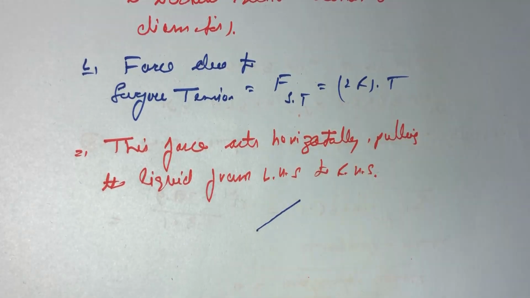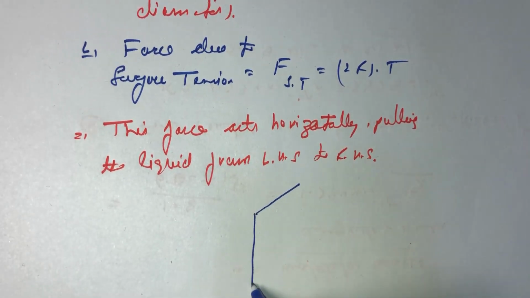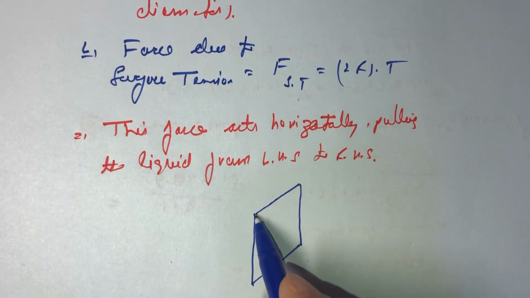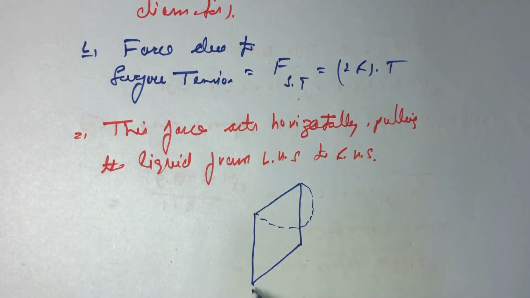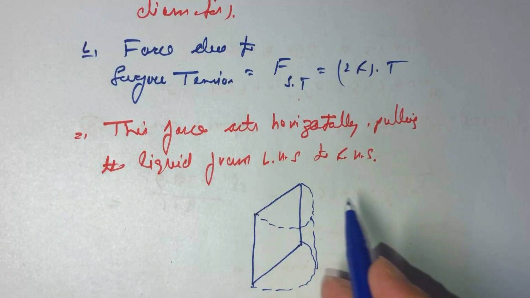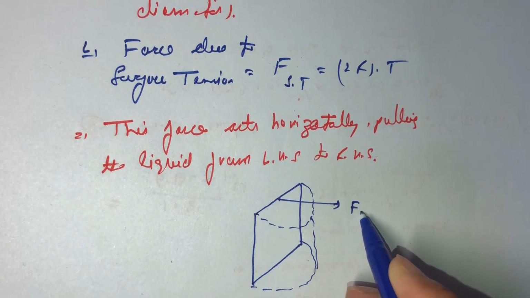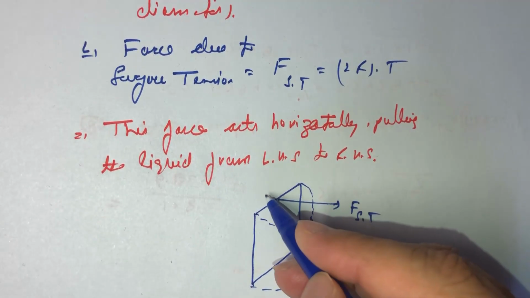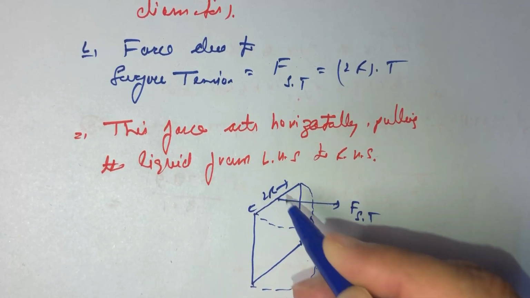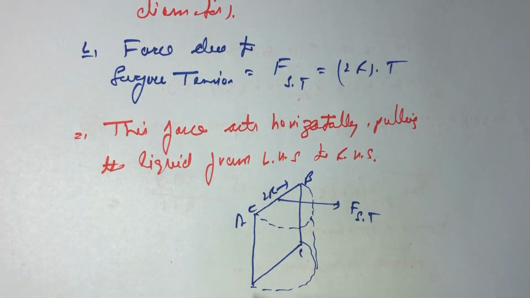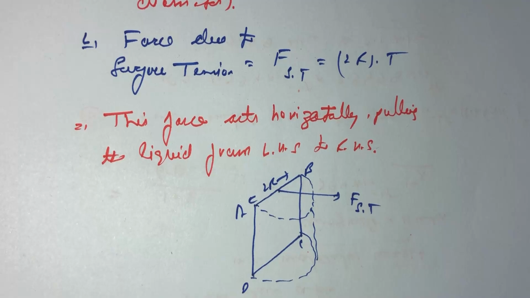So this is our section, and the direction of surface tension force will be in this direction, and this section is given as A, B, C and D. So this is the force due to the surface tension.